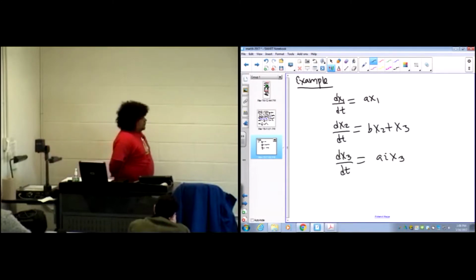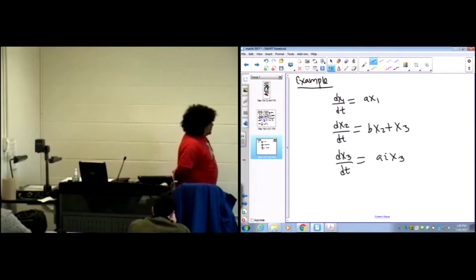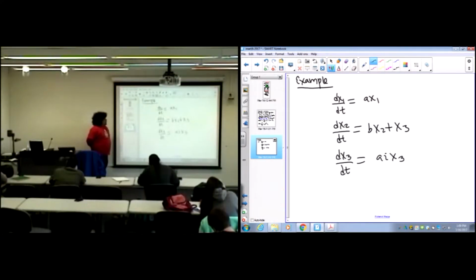In the second equation, we can think of 0 x1 plus b x2 plus 1 x3. And in the last equation, we can think of 0 x1 plus 0 x2 plus a x3.